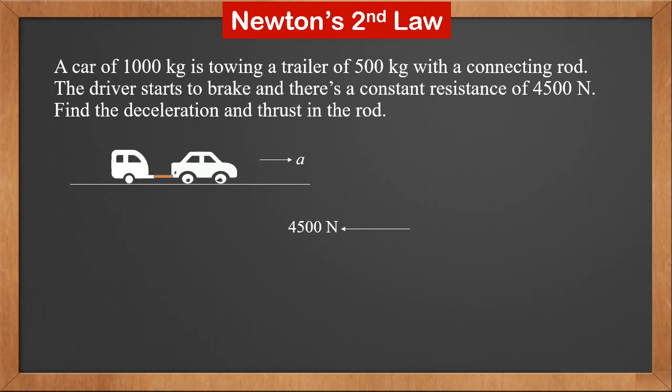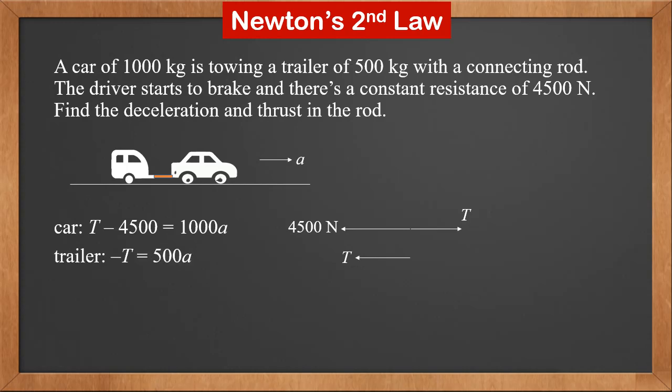For the car, there's the constant resistance of 4,500 Newton pointing left. The thrust in the rod points right. Using Newton's second law, T minus 4,500 equals 1,000a. For the trailer, there's only thrust, pointing left. So minus T is 500a.